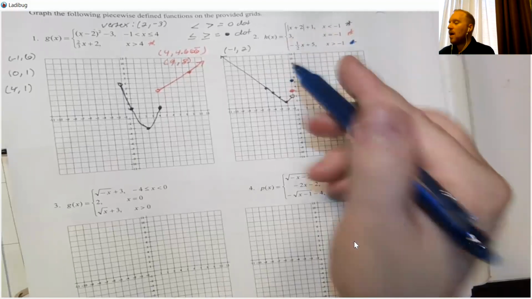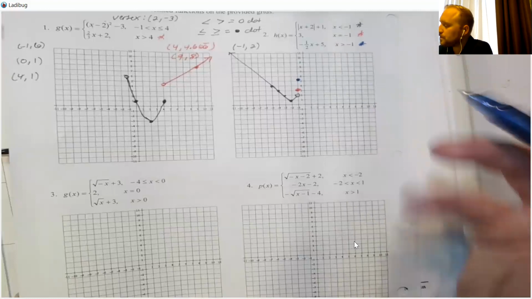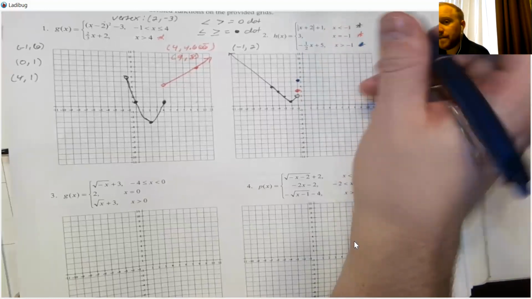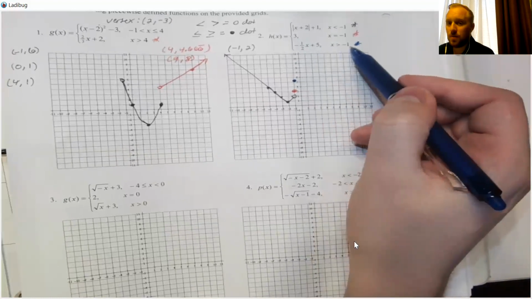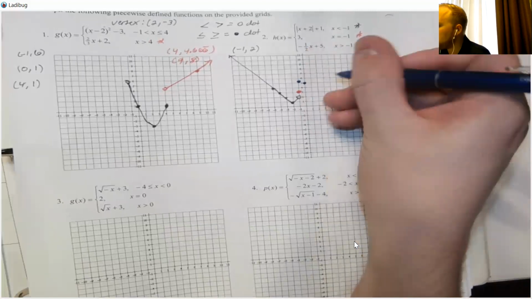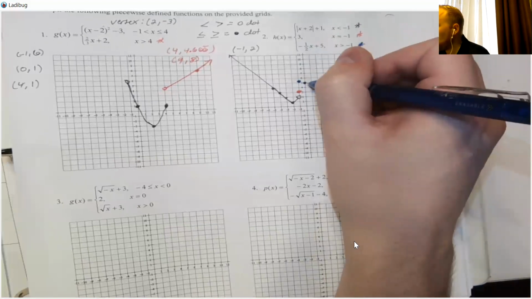Okay? Now, the good thing with lines is we know how to find points on a line based on slope-intercept form. So the y-intercept is 5. That's the value of y when x is 0. Well, is 0 greater than negative 1? Yes. So we're going to put a point there. And the slope is down 1 over 2.